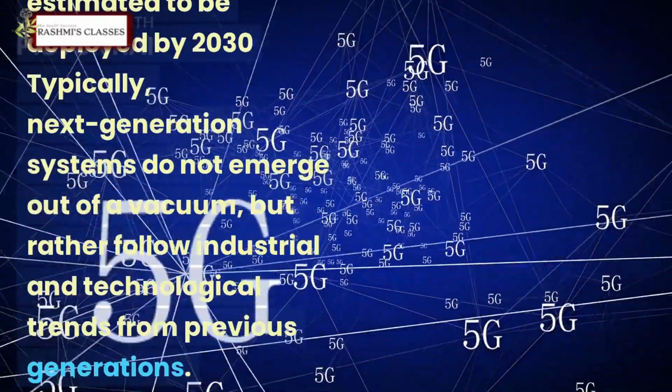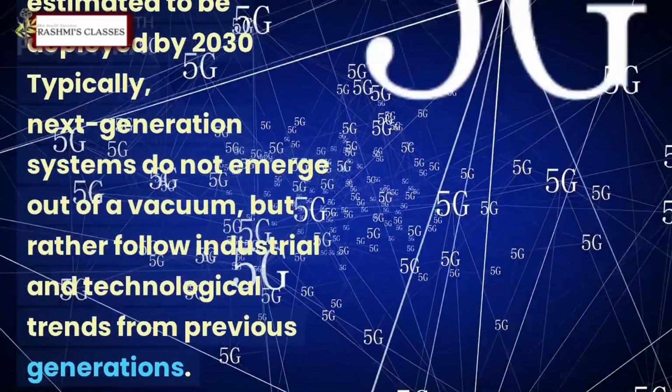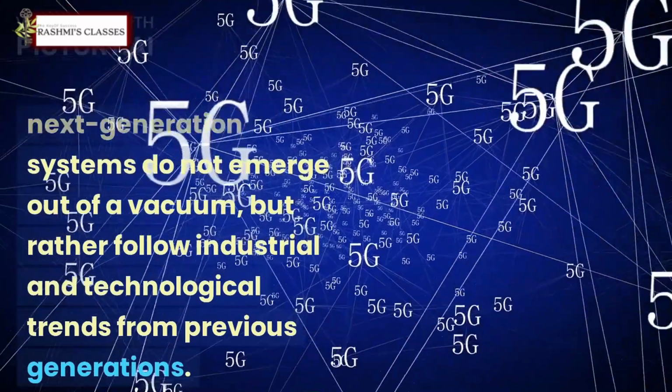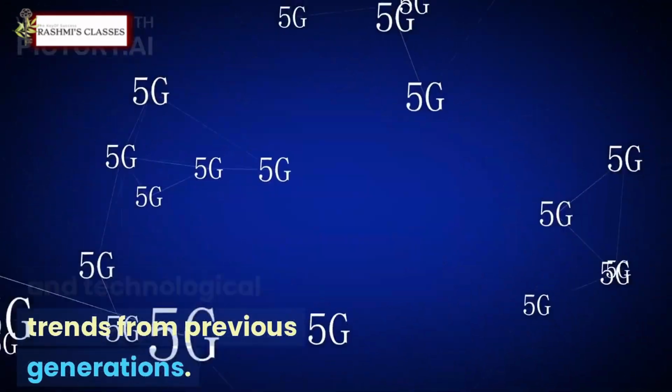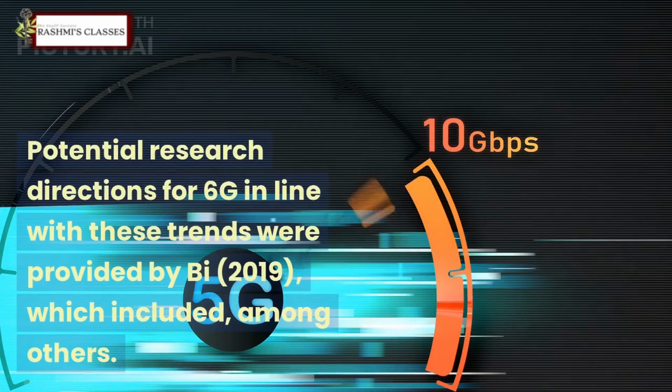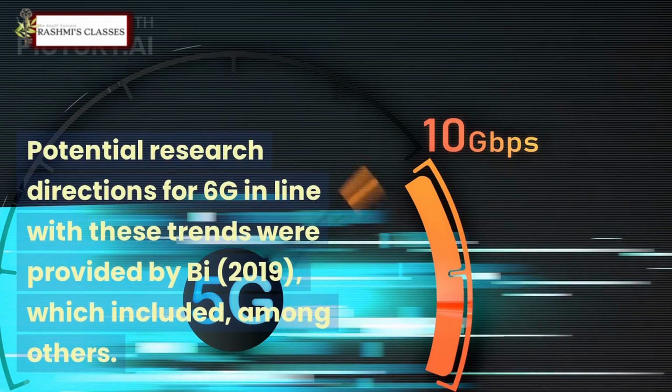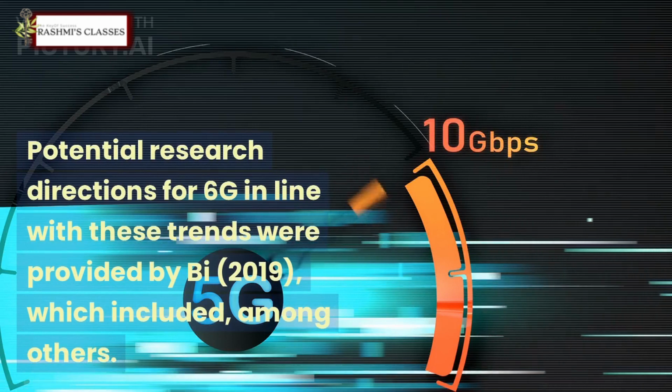Typically, next-generation systems do not emerge out of a vacuum, but rather follow industrial and technological trends from previous generations. Potential research directions for 6G in line with these trends were provided by 2019.